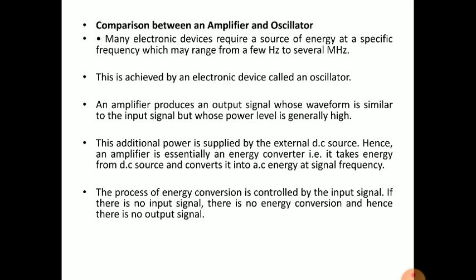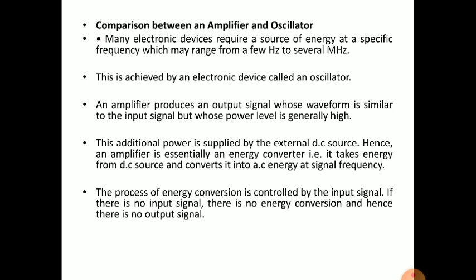But in order to get all these practical values, we need some simple input waveforms. It should be constant. There should be some particular necessities for a circuit to be used as a function generator or oscillator, right? So in the lab, we need a function generator for every application, for every experiment. We will give some input. So this is achieved by an electronic device called an oscillator.